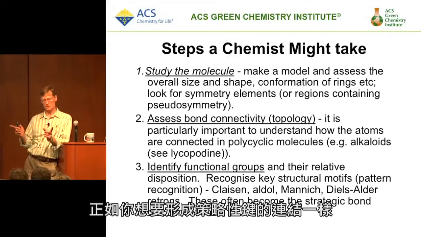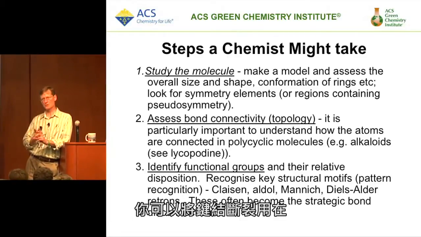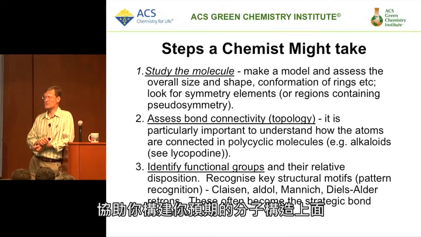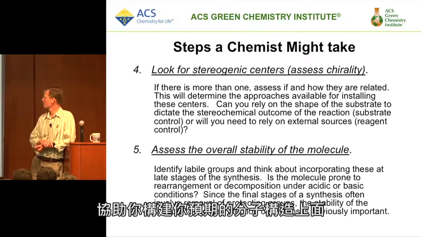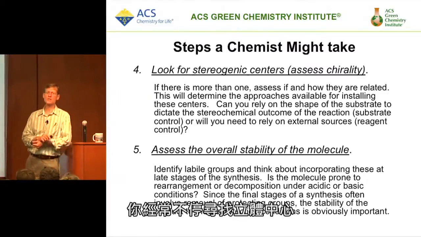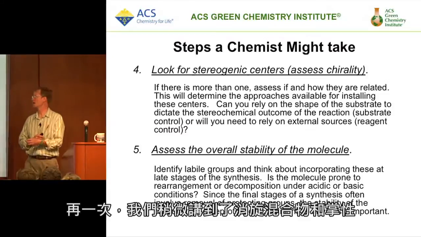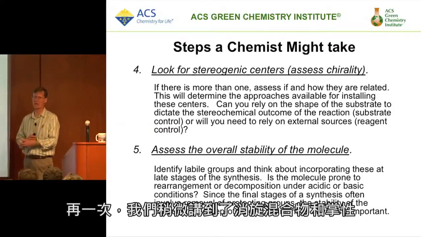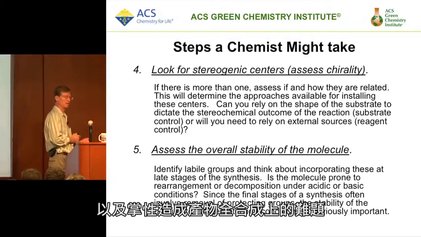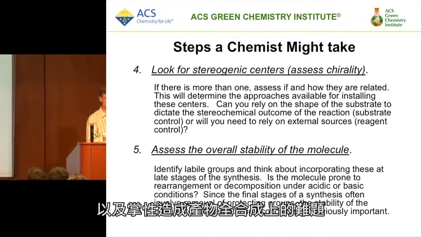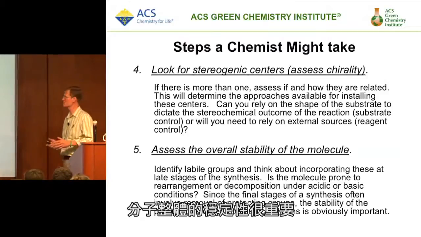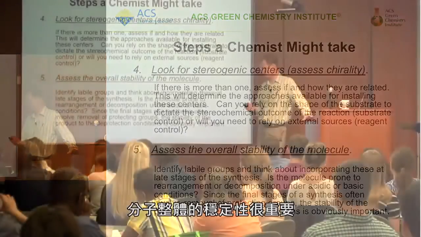Just as you want to make strategic bond connections, you can do those disconnections in a way that will help you to establish the molecule you're after. So you always are looking for your stereogenic centers. And again, we've talked a little bit about racemic mixtures and chirality and the difficulty that chirality introduces into a total synthesis of any kind of product. And stability of the overall molecule is important.